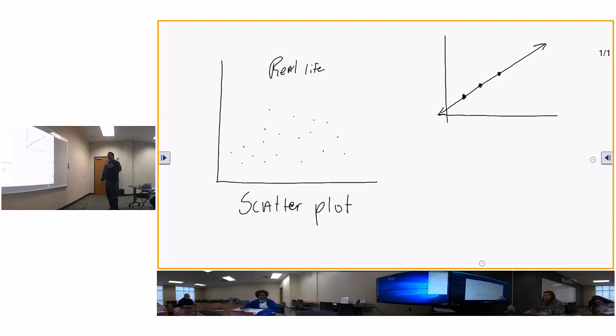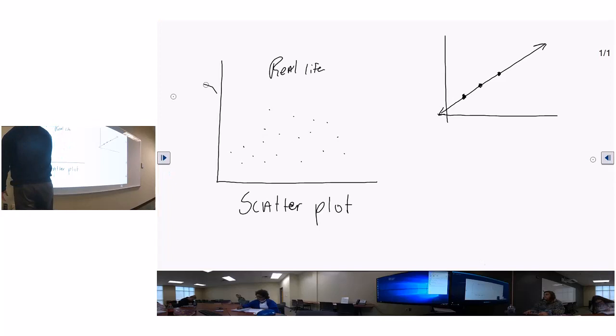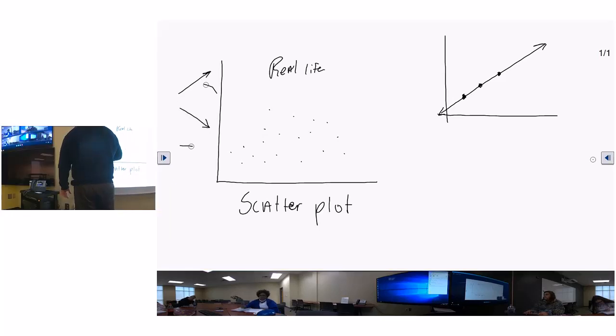Okay? When you have a scatter plot, there are three things that you're looking for. You're looking for a line that goes left to right up, left to right down, or horizontal.